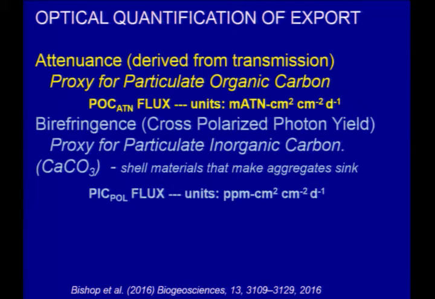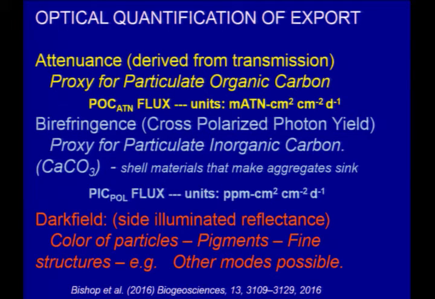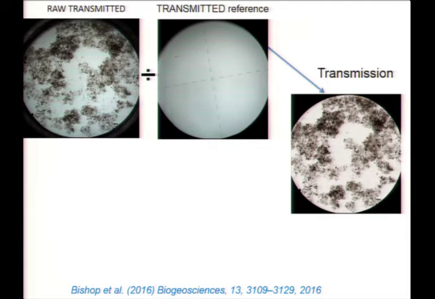And then dark field, we don't have an absolute calibration of it, but we can actually see the color of particles. So here's an example of a raw image of particles. This is a sample sometime after cleaning. This is the cleaning image of the clean stage.